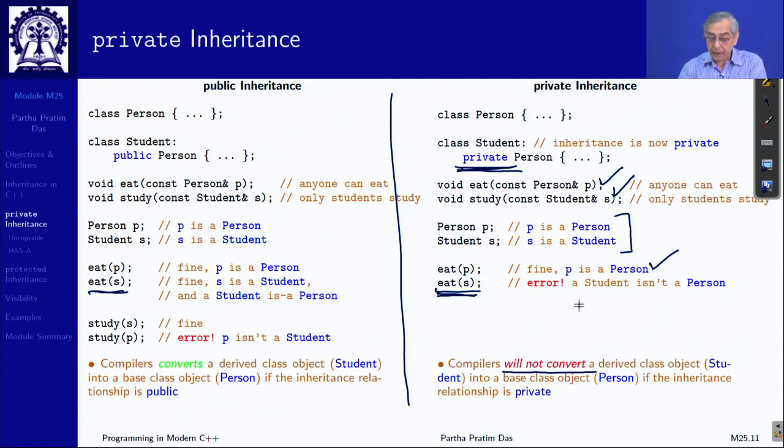So, by this, student is not a person, it just happens to be programmatically related to the person class, and the compiler honors that by not allowing this conversion. So, poor student, he or she does not eat, right. So, this is the basic difference between public and private.